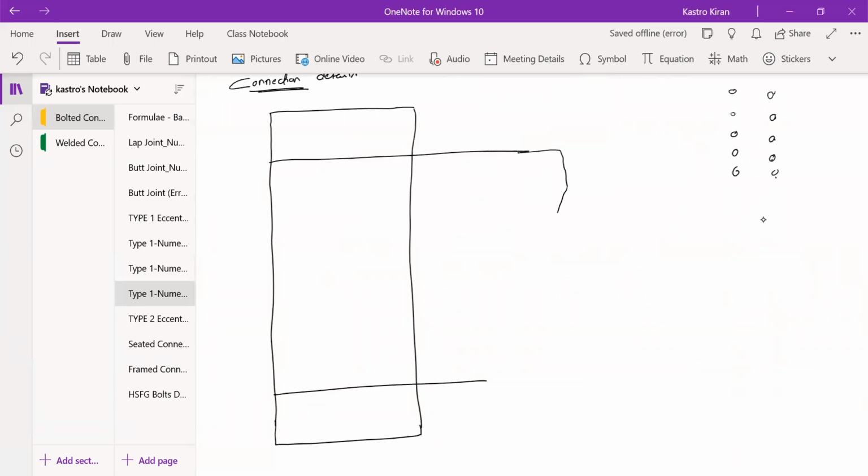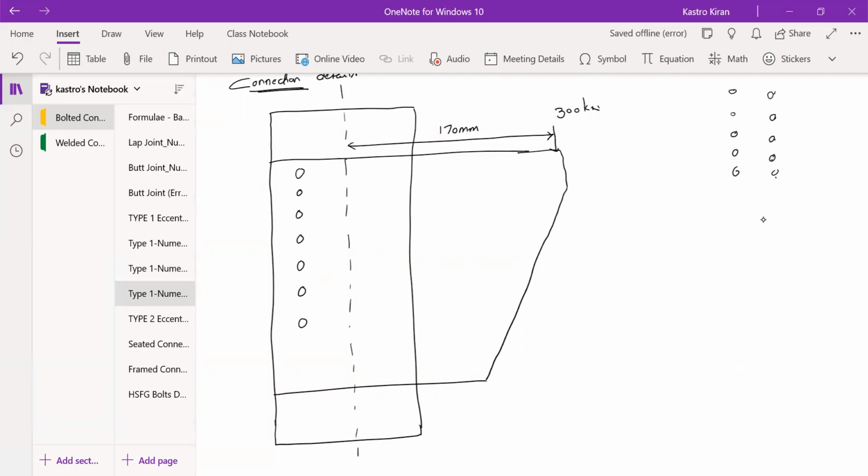Here we have a load of 300 kilonewtons, acting at an eccentricity from the center of the column section. This distance is 170 mm. How many bolts have we provided? 8 bolts in each row: 1, 2, 3, 4, 5, 6, 7, and 8. Similarly, on the other side also you provide 8 bolts.